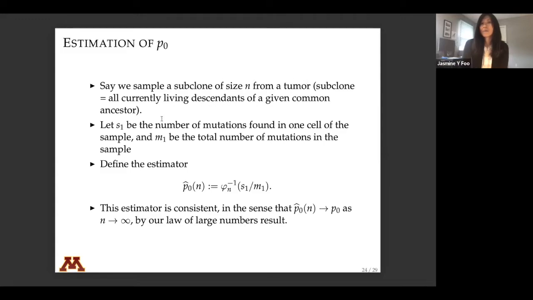And we can read off S1, the number of mutations found in one cell of the sample, and M1, the total number of mutations in the sample. Then we define this estimator P hat of n, which is phi n inverse of S1 over M1. And this estimator is consistent, that is, it accurately recovers the true value of P naught given a sufficiently large sample.